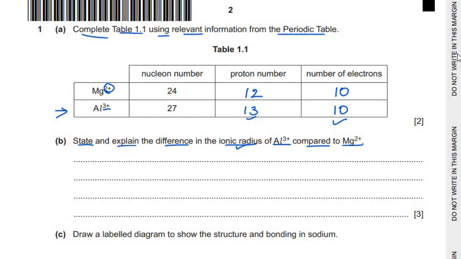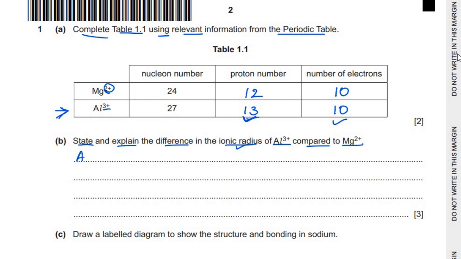The reason is that there are more protons, so the nuclear charge is higher, and the same number of electrons are attracted as compared to the magnesium ion, but as the proton number is more, the attractional force will be greater, that will squeeze down the atomic size, ionic size. So what's the difference?